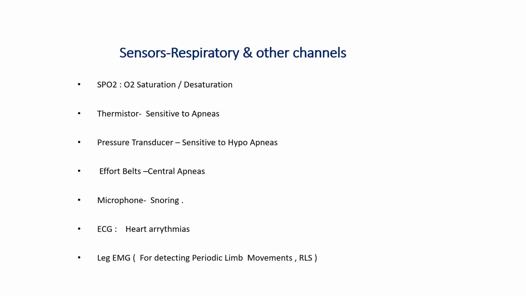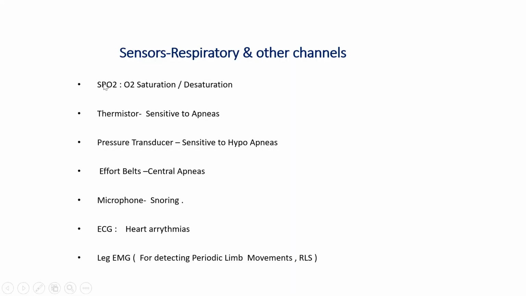So what are we looking at in polysomnography? We are looking at respiratory channels, sleep stages, as well as the apnea hypopnea index. For the apnea hypopnea index, we need different respiratory channels.